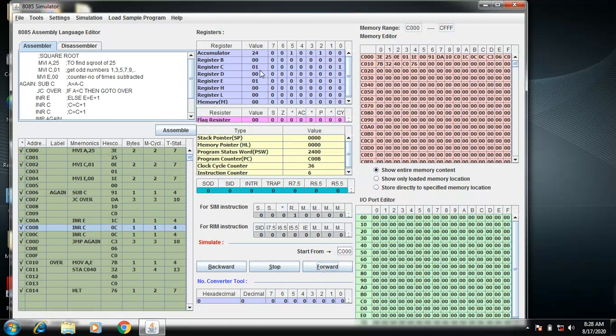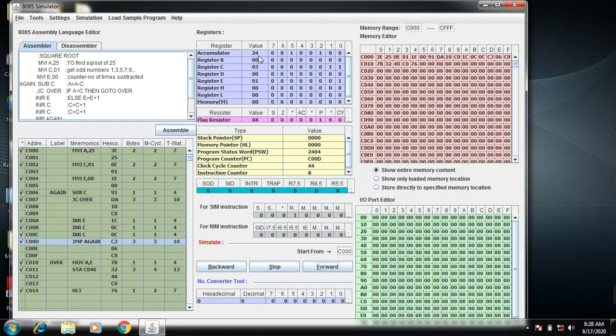Here you see that E was 0; now the first subtraction is done, so immediately E is incremented. Next, INR C for the first increment, INR C for the second increment, so that it gets an odd number for the second subtraction.